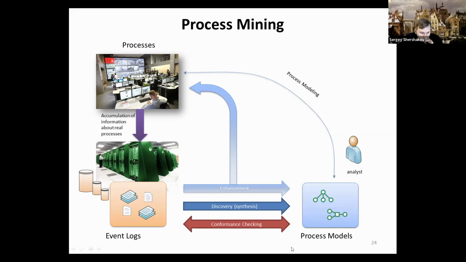So the point is that we have process-aware information systems. They are working and producing a lot of digital traces, those digital traces we mentioned. These digital traces are accumulated and stored in some storages.